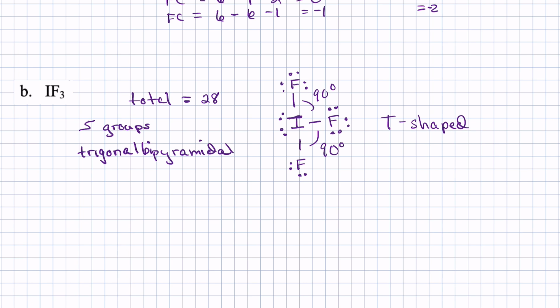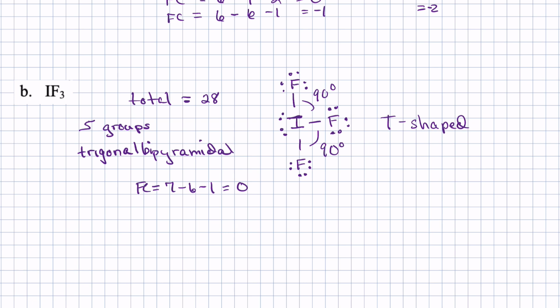Now, in terms of formal charges here, it looks like I missed 2 electrons there on that fluorine. In terms of the formal charges, we use the same rules, and for the fluorine, 7 valence electrons minus 6 non-bonding minus 1 bond is going to give a formal charge of 0.